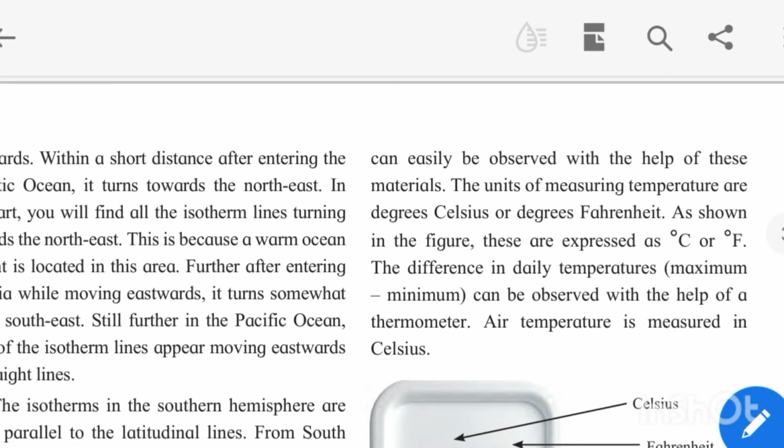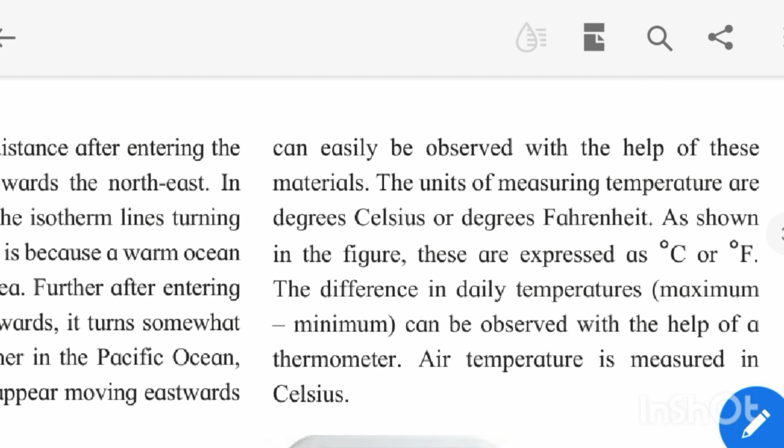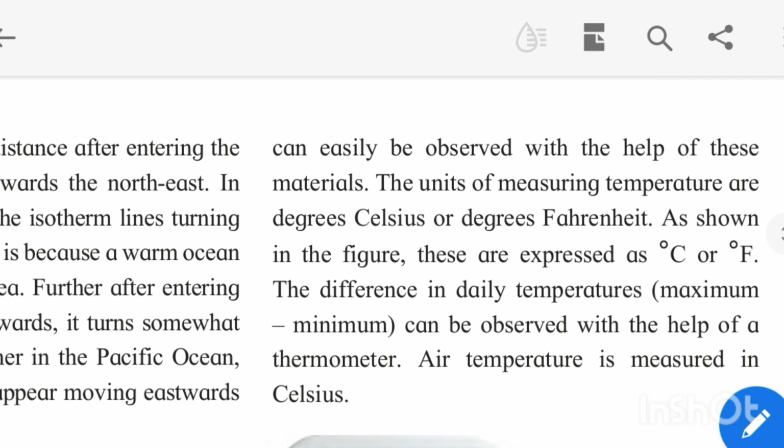The units of measuring temperature are degree Celsius or degree Fahrenheit. Celsius was the last name of the person who invented this, and Fahrenheit is the last name of the person who invented the Fahrenheit technique.